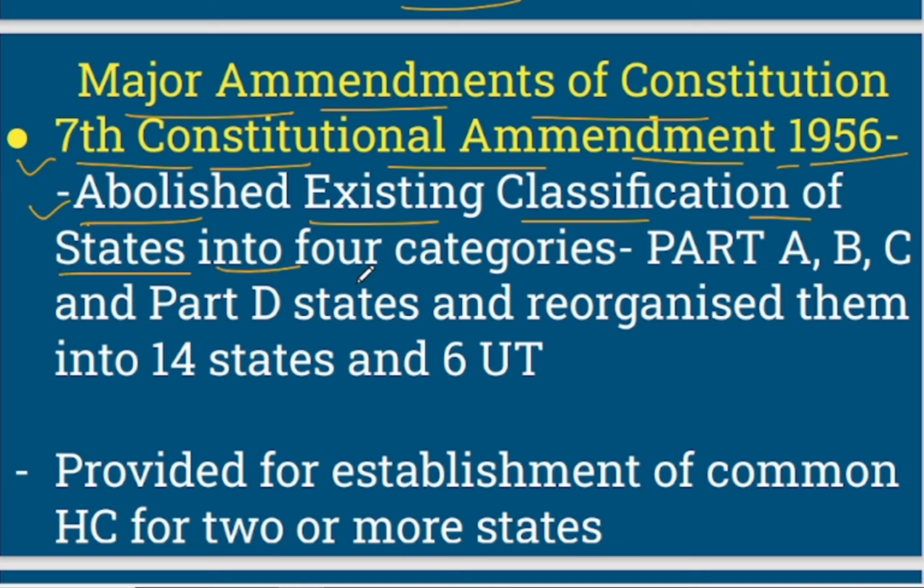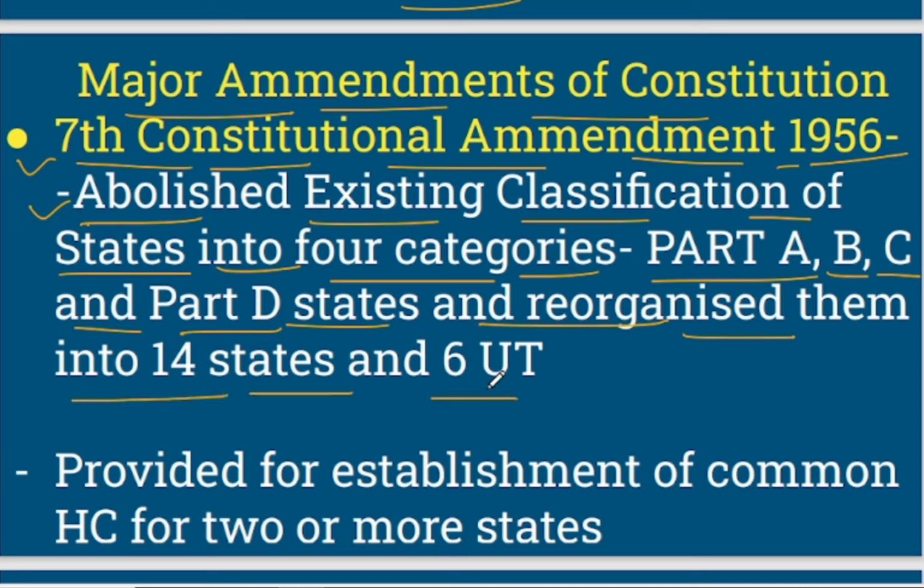The classification was into 4 categories, that is Part A states, Part B states, Part C states, and Part D states. And they were reorganized into 14 states and 6 union territories. So you need to know 14 states after reorganization and 6 union territories. Before reorganization there were Part A, Part B, Part C, and Part D states.